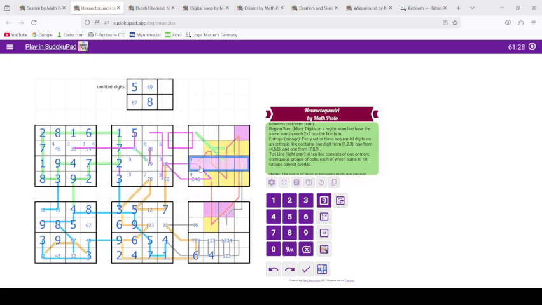I mean, either this is a 2, 8, or all the even digits are there. What is required next for this puzzle?